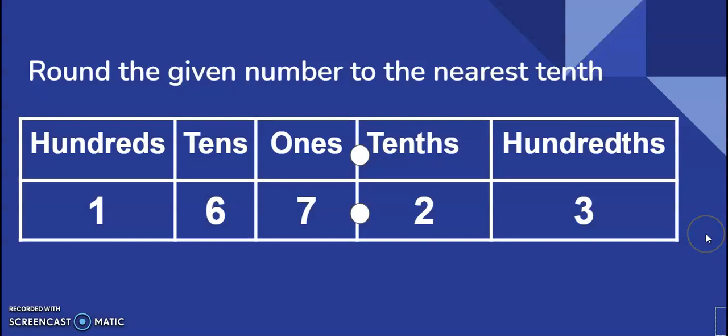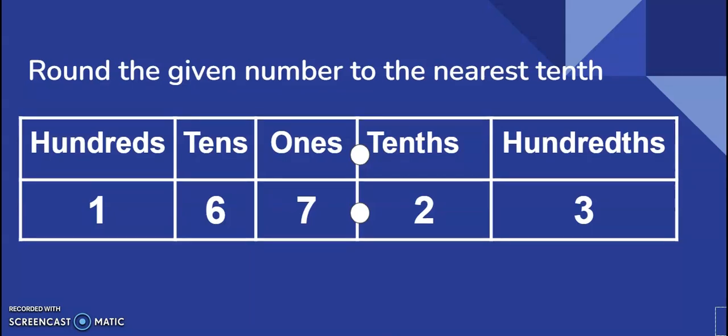Let's practice using another question. Round the given number to the nearest tenth. Here I want you all to pause the video and try out the number yourself. Yes, you are right. 167.23 rounded off to the nearest tenth will become 167.2. How?